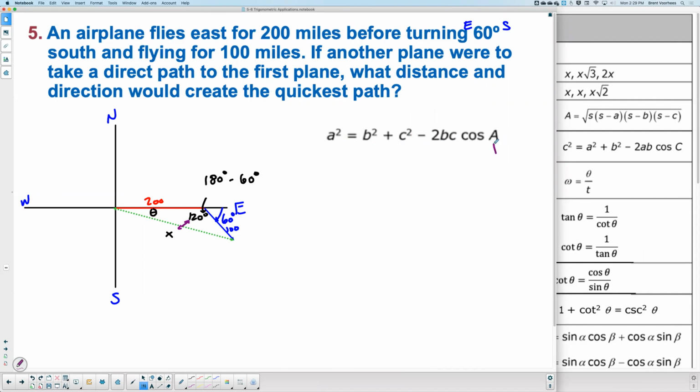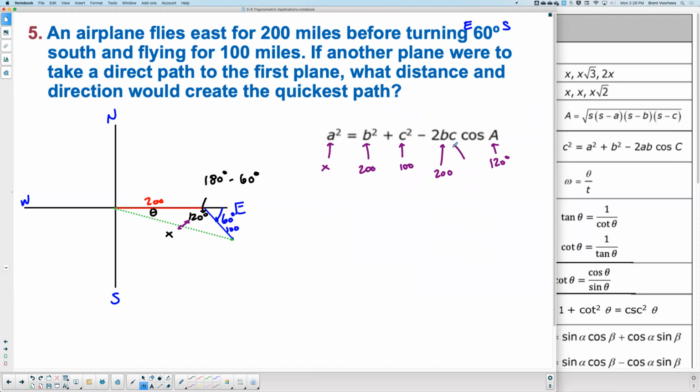Capital A. Since 120 degrees has to go there, that means I'm going to solve for lowercase a. That's what I'm going to find here. That's my x according to my drawing. B and C, it does not matter which one you put in which location. You'll get the same answer either way. So what do y'all want to put for B? So 200 for B, which leaves us 100 for C.